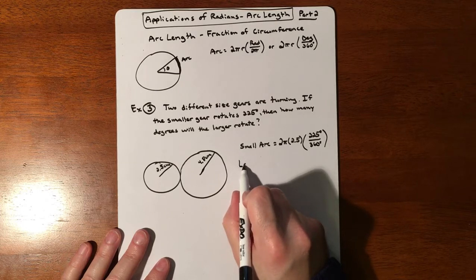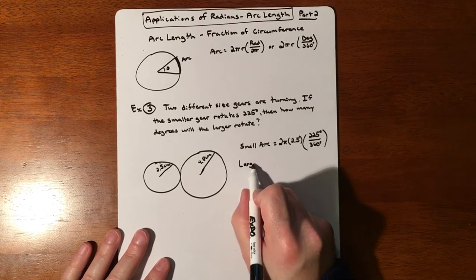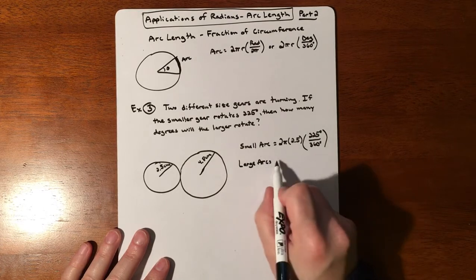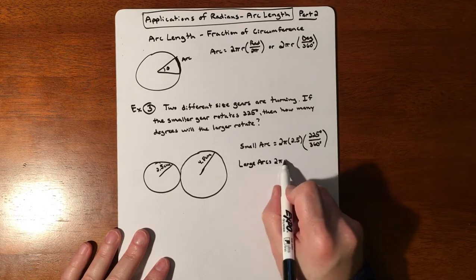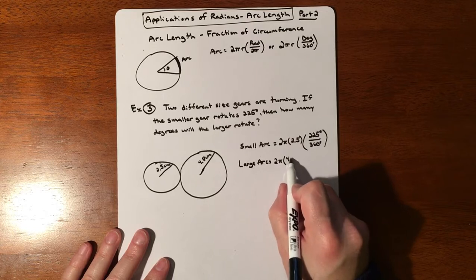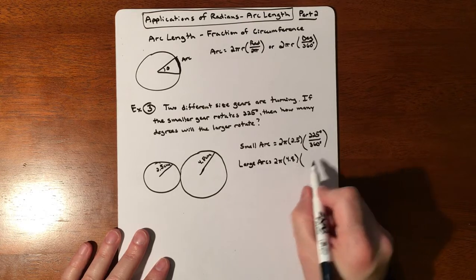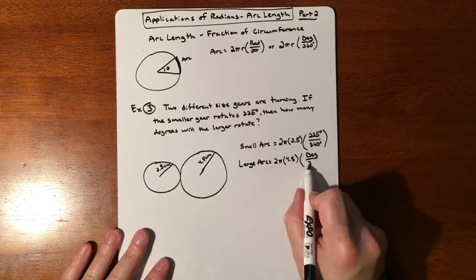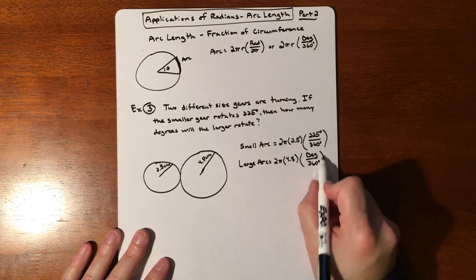Now the large arc is 2 pi times 4.8, and then we don't know the degree, and that's the question being asked.